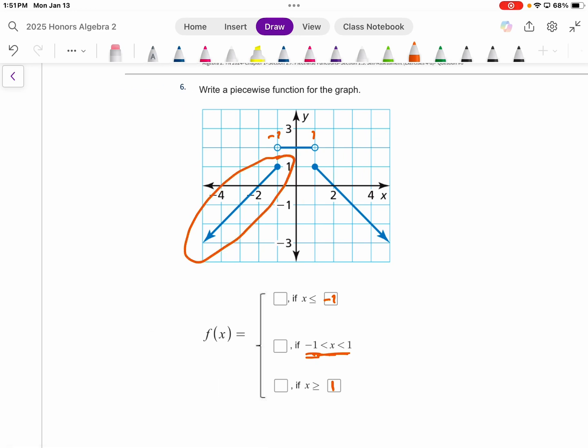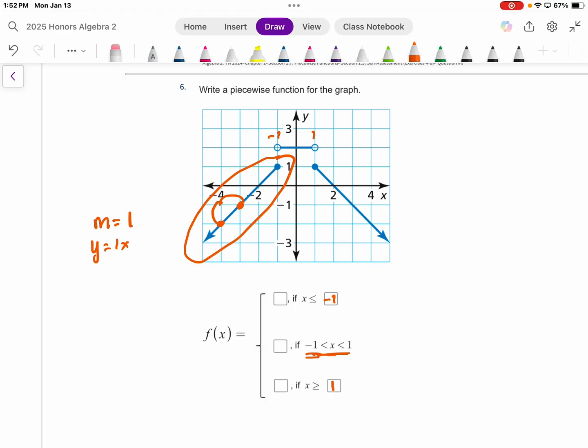Let's do this one over here. I'm going to pick two spots where I see the corners, where it crosses corners nicely, to do rise over run. So with that in mind, the slope for the orange one: we go up 1, to the right 1. So it's got a slope of 1. So now I know I have y equals 1x.